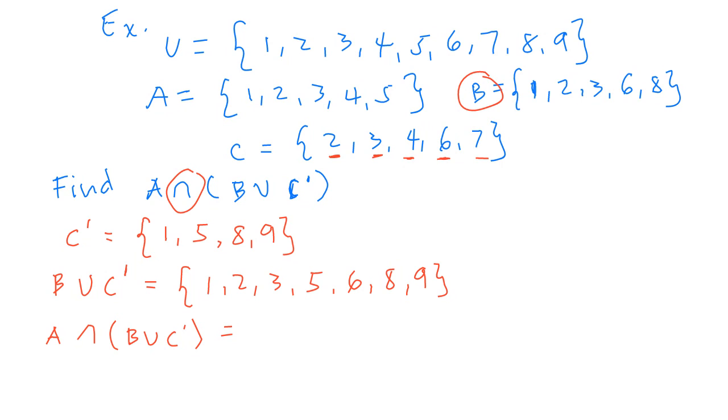So we have to look at A, and A and this group. Let me mark this down. I'll just put a circle in yellow. So I'm looking at A and this group.